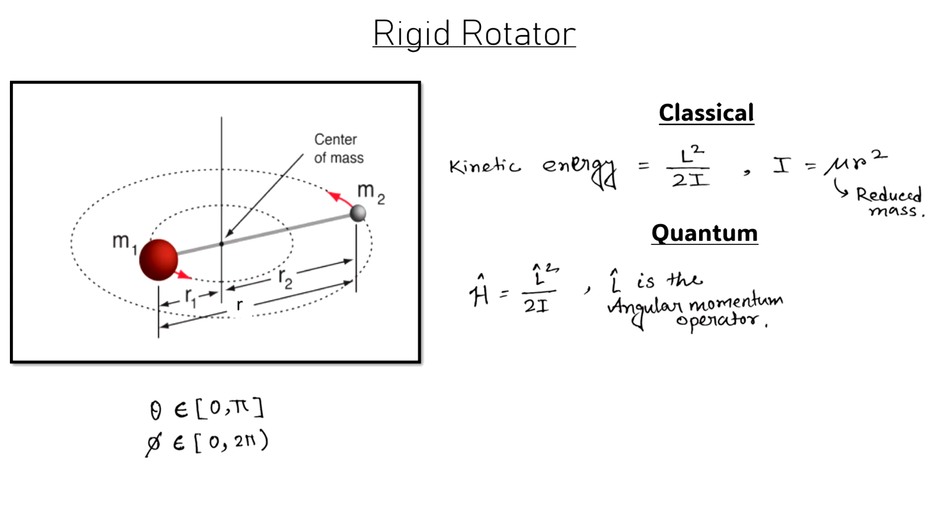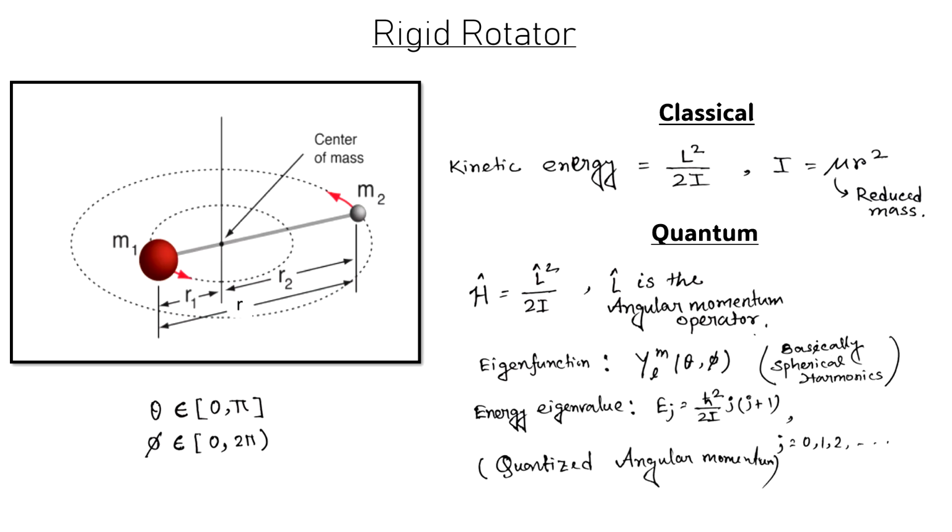Here L is the angular momentum operator, and if you calculate its eigenfunctions and energy eigenvalues, the spherical harmonics will be the eigenfunctions, and the energy eigenvalues will be h bar square by 2I into j into j plus 1. Here j varies from 0, 1, to any integer value. So here angular momentum is not only conserved, it is also quantized. Now let's dive into the problem.